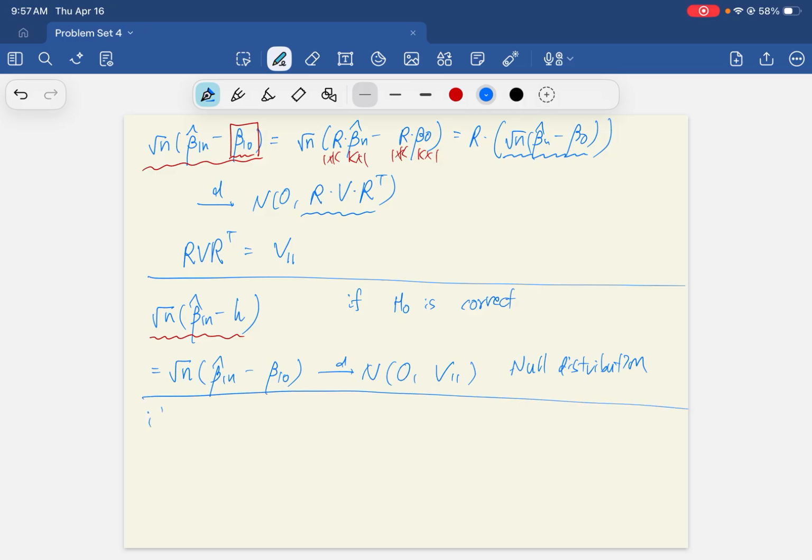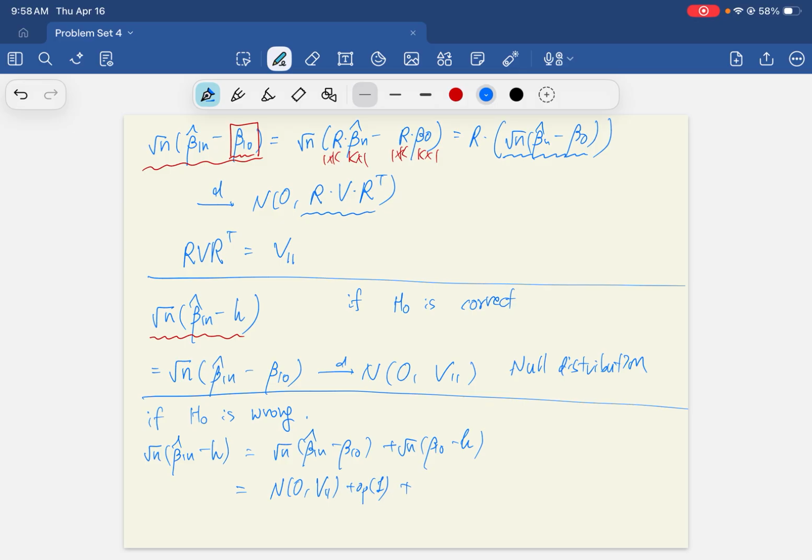But what happens if H0 is wrong? Then what we calculate can be written as beta 1 hat minus beta 1 0, which is what we know, plus beta 1 0 minus h. So we are writing it this way, and that means the first part will be normal distribution 0, V 1,1 plus o_p(1). It converges to here.